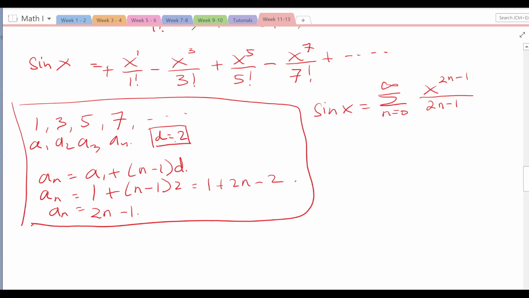And in order to account for the alternating sign, we add negative 1 to the power of n first, and then check. So this is our series.